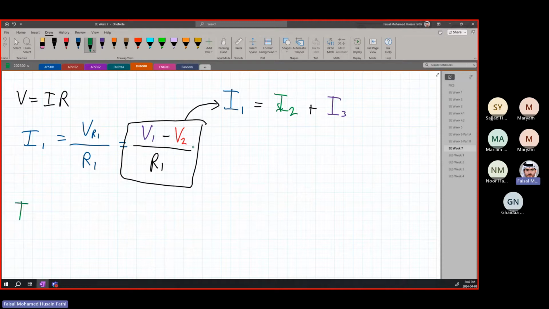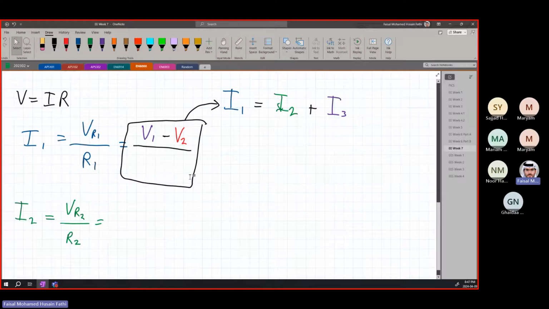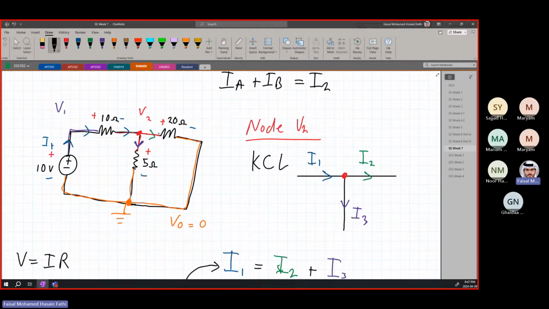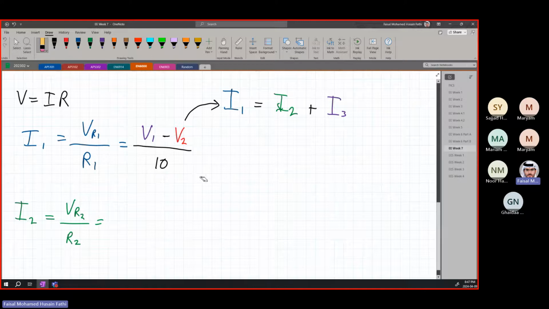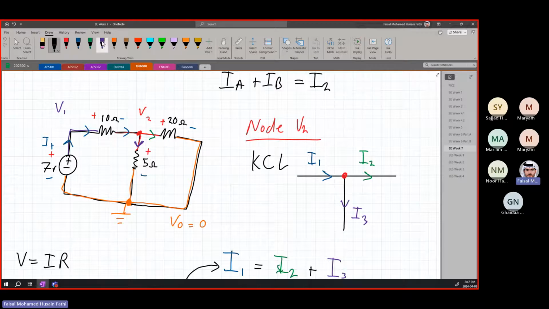So if we're looking at I2 now, the same exact concept. It is equal to VR2 over R2, and R1 over here is the 10 ohm resistor, so I'm just going to write 10. I'm going to change the voltage from 10 volts to 7 volts, just so there's no confusion between the numbers. So V1 minus V2 over 10 is going to be plugged into that. If we simplify this, we already know that V1 is going to be equal to 7 volts.